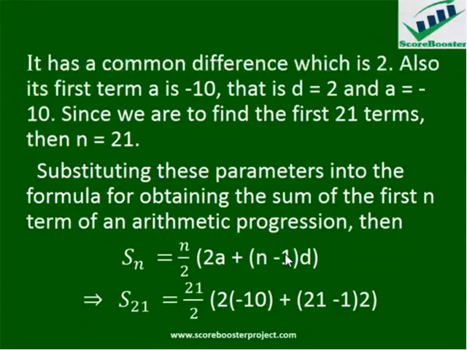So substitute the parameters into this. We have S21, since the value of n is 21, equals 21 divided by 2 multiplied by 2 multiplied by A, which is minus 10, plus n, 21, subtract 1 from it, and you multiply it by 2.